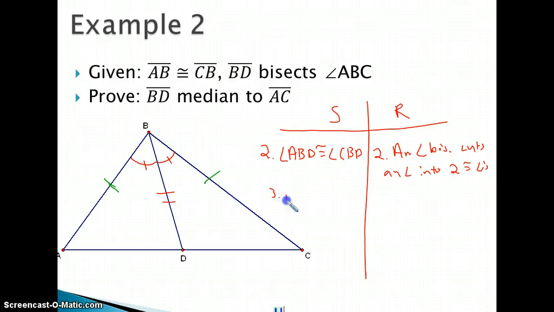And then from there, BD is congruent to itself. That's the easy step. Reflexive property. And now we have enough information to say that we have a side angle side relationship again. So then the triangles are congruent.